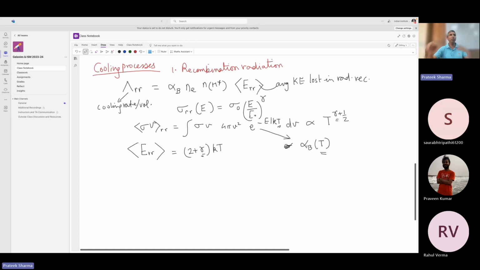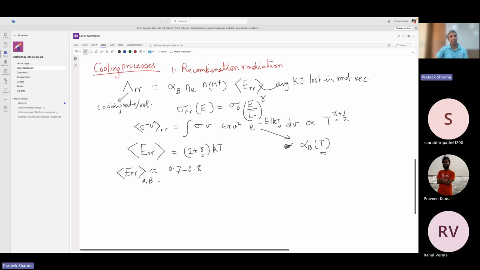I showed you these tables of alpha B and the functional form, some sort of a fit which had a temperature dependence. So you can read off gamma by comparing that expression. But the upshot is that the E_RR value, if you do that exercise, is about 0.7 to 0.8, depending on whether it's A or B.